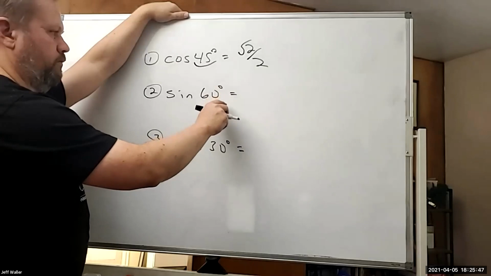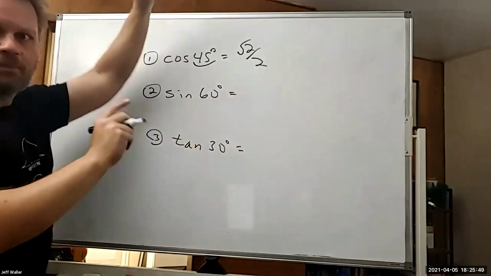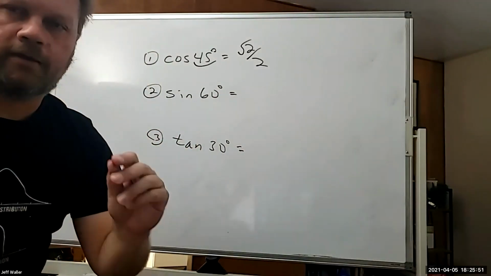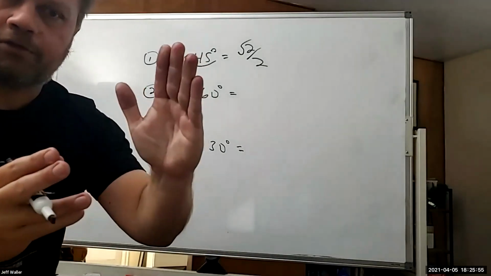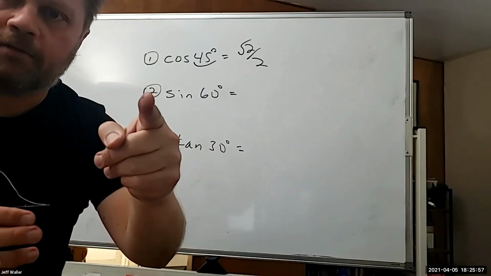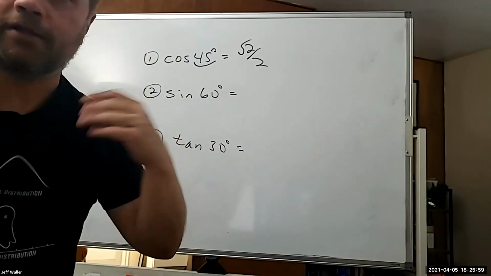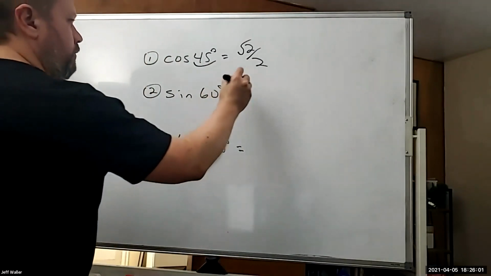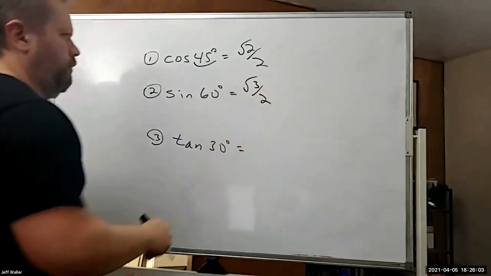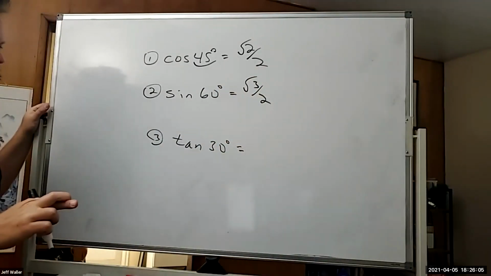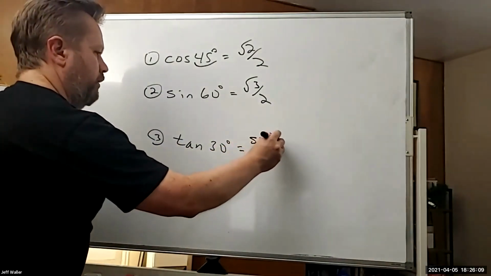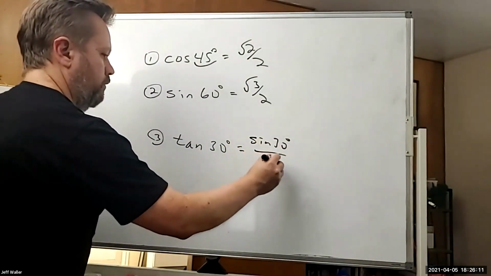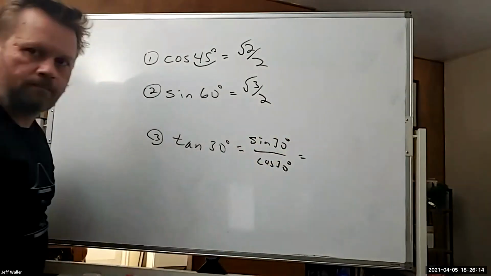No. So remember, I don't have these memorized. Sine likes y. 60 is closer to the y-axis, so it should be big. It's close to home, so it's coming out of its shell. It should be big. Yeah, rad 3 over 2. Now to do tangent of 30, I could do sine of 30 divided by cosine of 30, right?